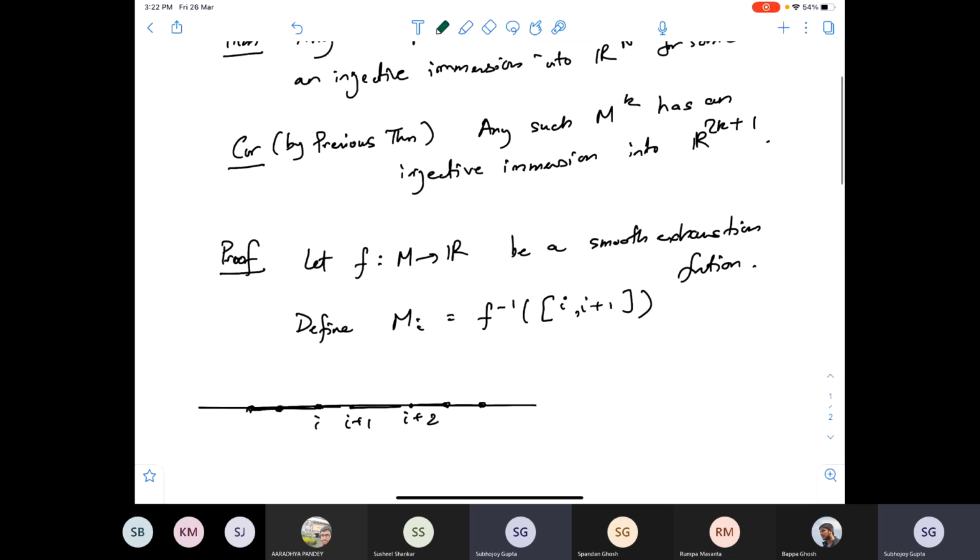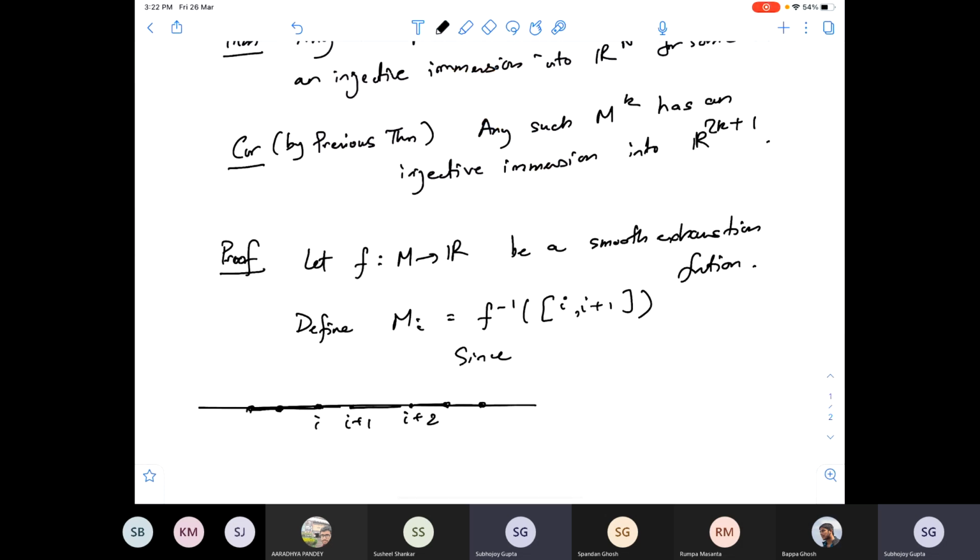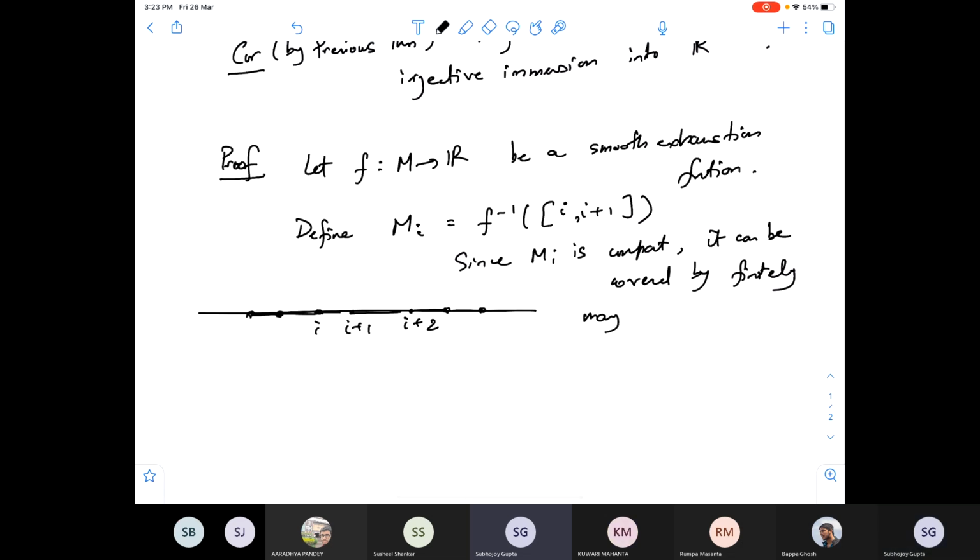subsets of M. Since each M_i is compact, having chosen some arbitrary M_i, it can be covered by finitely many coordinate charts.